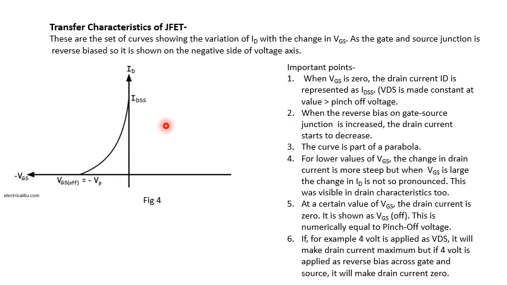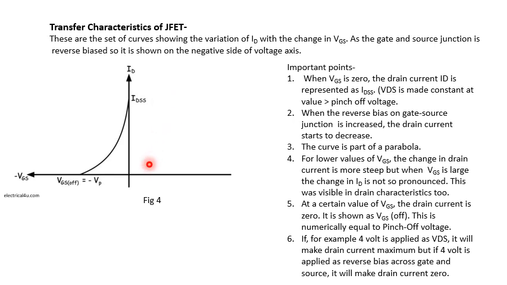That is, we have to put VDS at a constant value, and it is ensured that VDS is made constant at a value greater than the pinch off voltage, so that the FET is operated in the saturation region, because the most useful region of a FET is the saturation region, in which it is used as an amplifier.